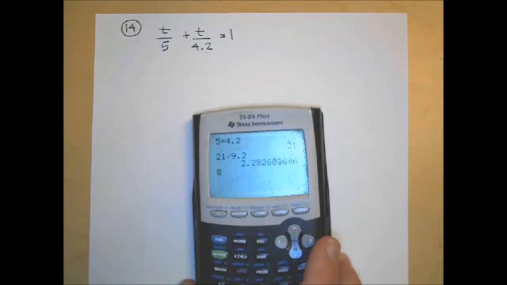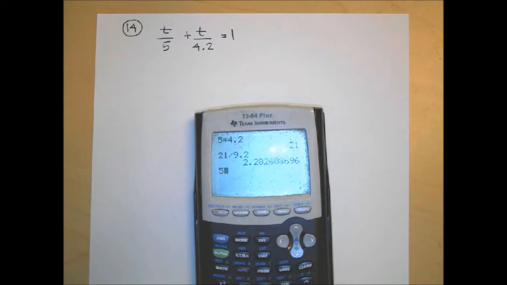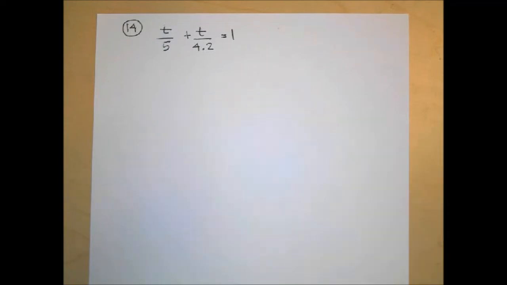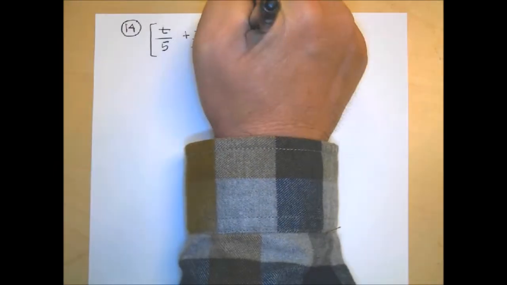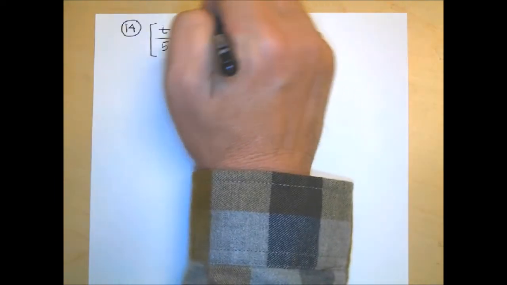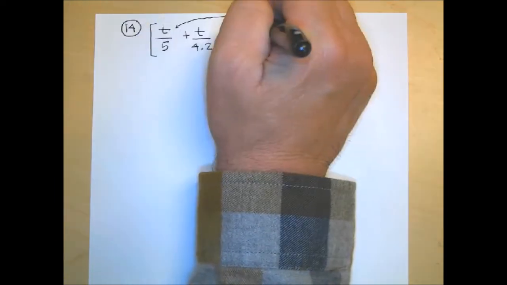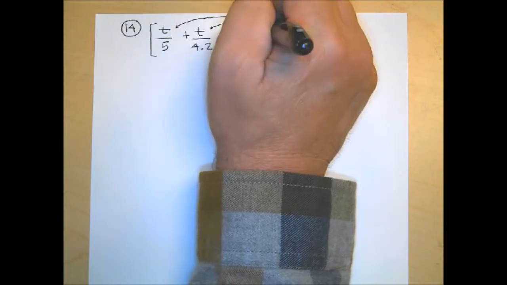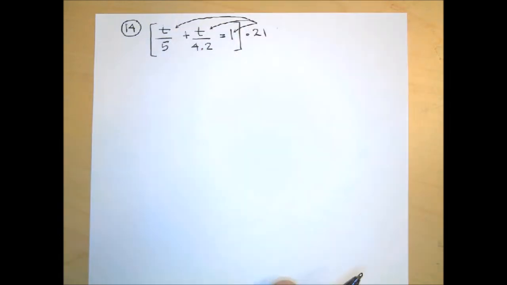So over here, just grab your calculator. 5 times 4.2 is 21. So 21's the magic number. I'm going to multiply every single part of this problem by 21. And the fractions are going to go away, and it's going to turn into a simple algebra problem.